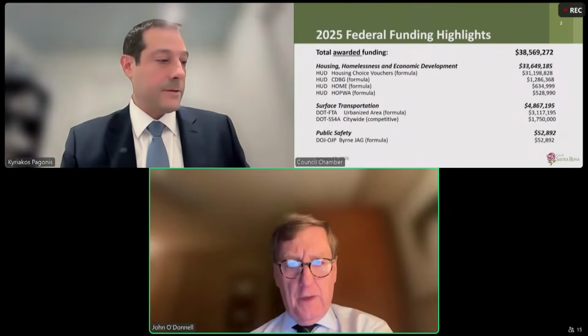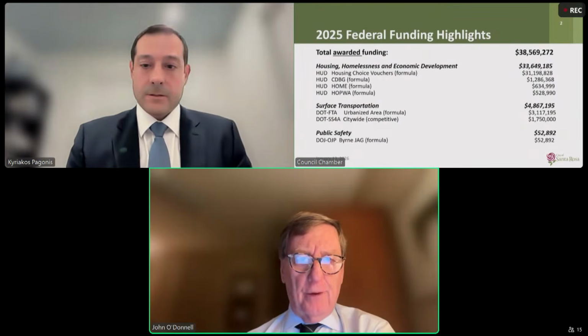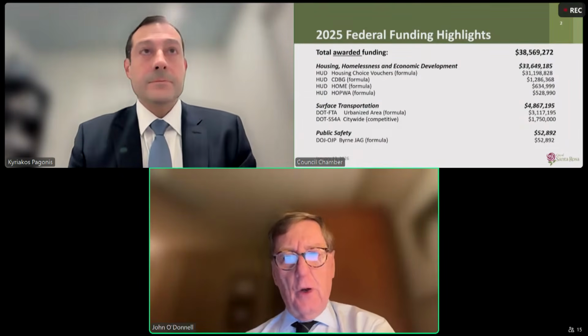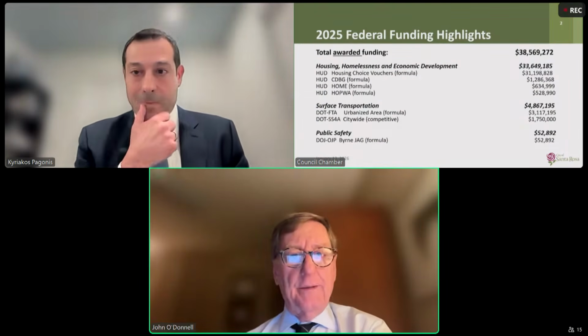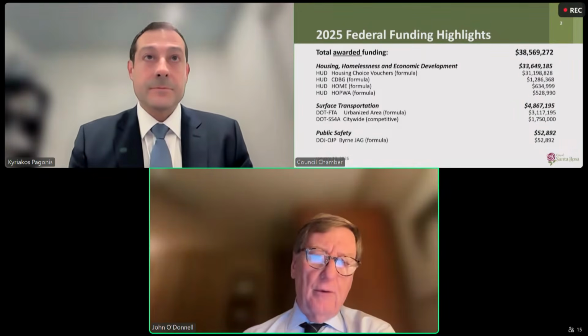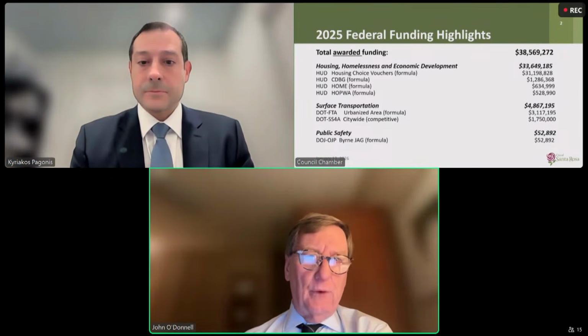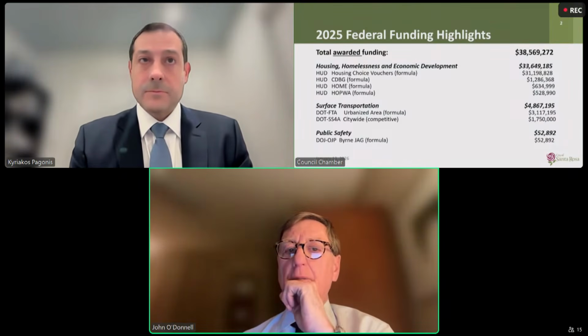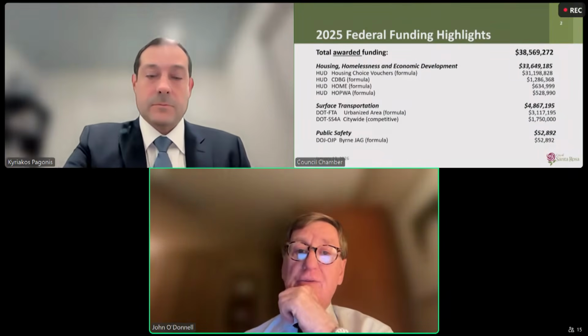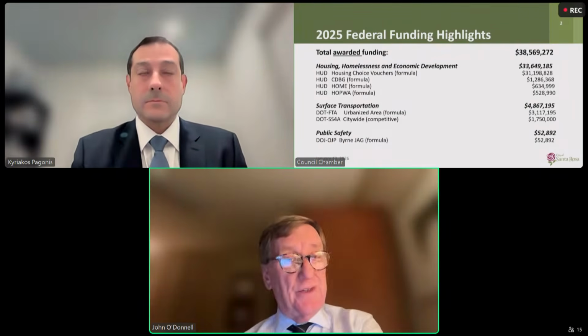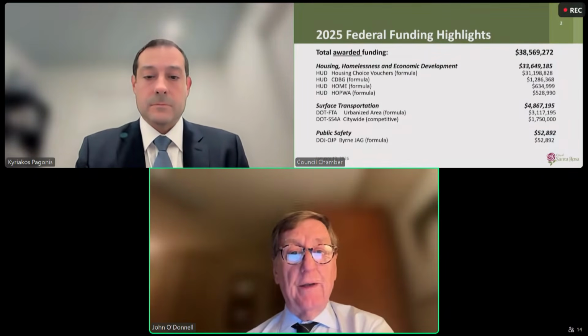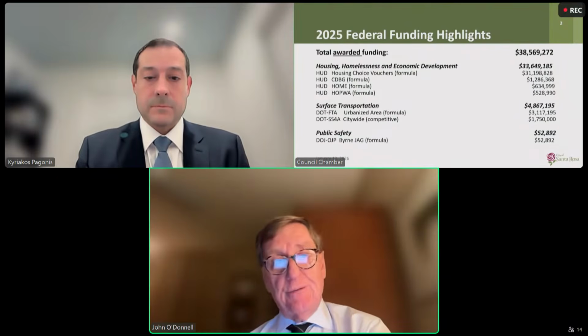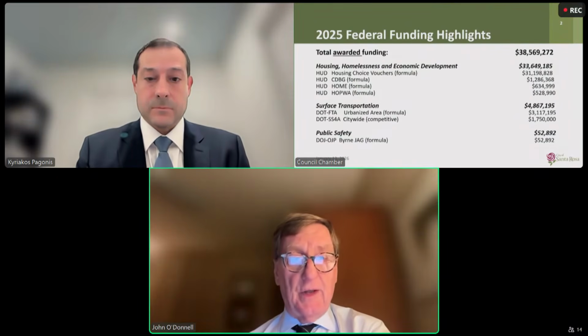So a lot of Biden administration policy and programs have been changed, portions of them eliminated. And as you also know, part of the headwinds over the past 12 months have been these executive orders, which have caused federal courts across the country to issue injunctions, restraining orders, vacating parts of the executive orders.